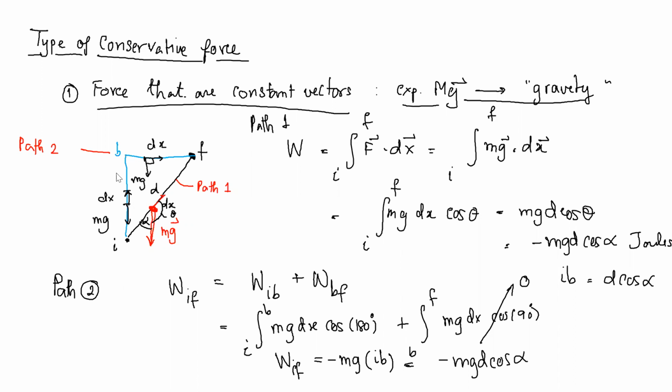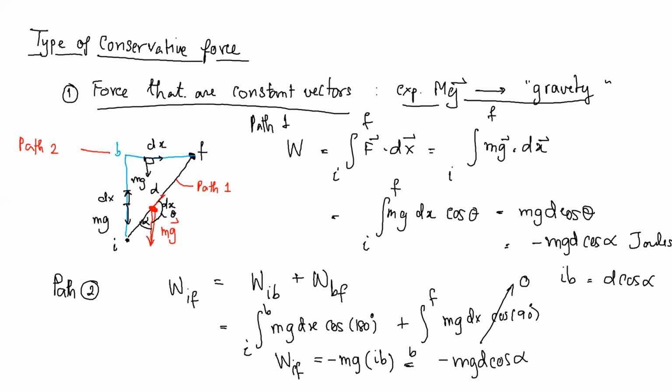And we can prove that by moving the object from point I to point F in gravity along two different paths. The first path is the straight line going directly from I to F. And the second path is a right-angle path from I to B and B to F. And it turns out that with the constant vector force, the work done by both paths is equal.